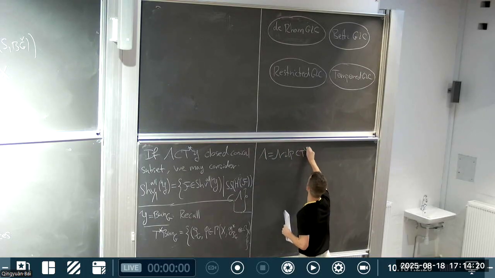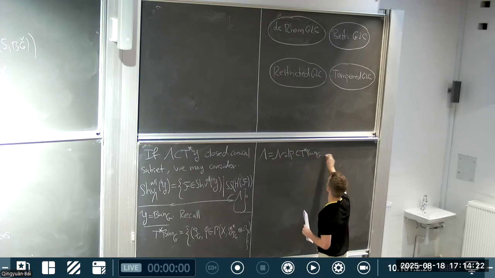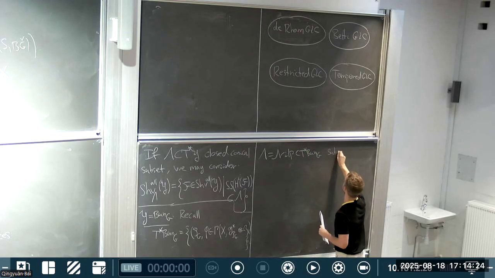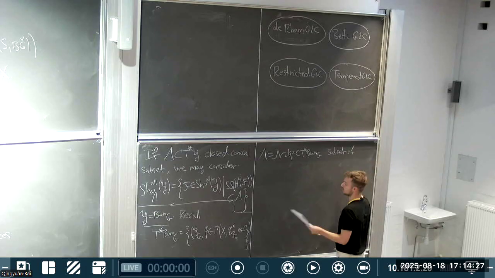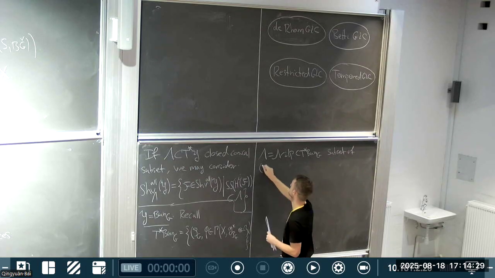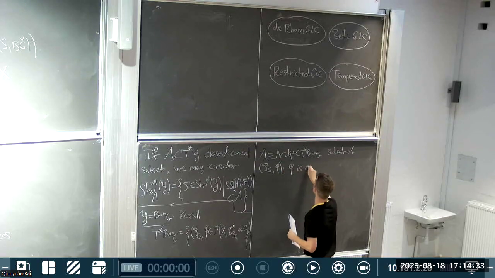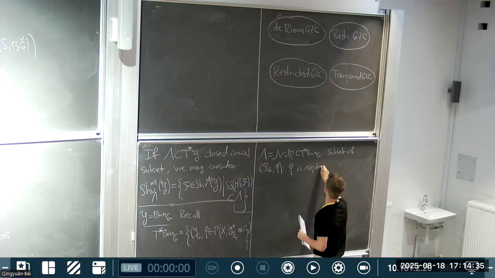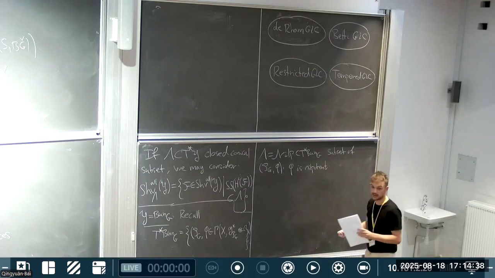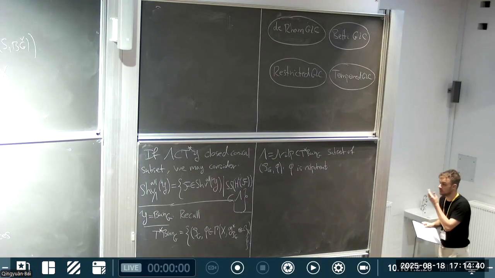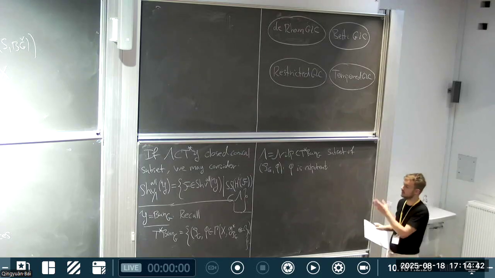This is the closed conical subset of those pairs for which phi is nilpotent. It's similar to how Dima defined the nilpotent cone in his talk from the coherent side.